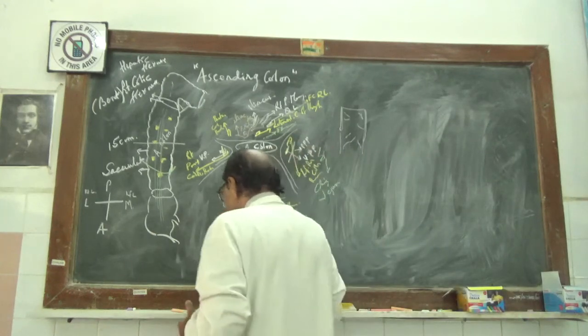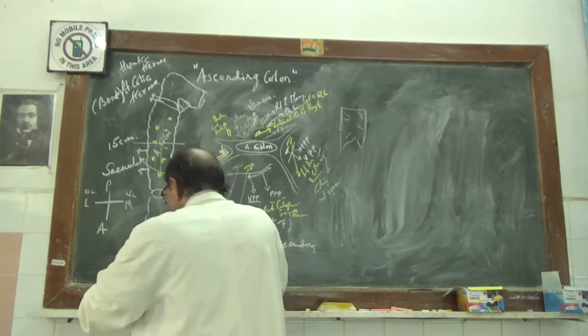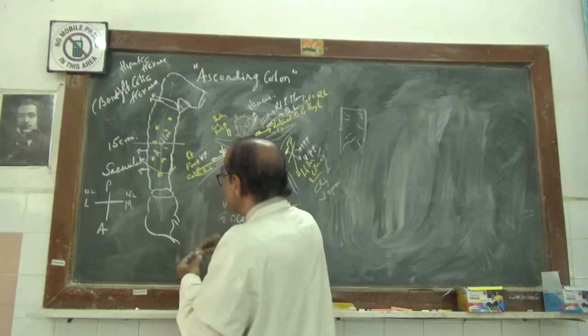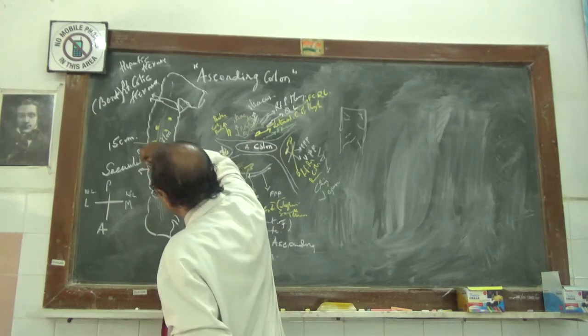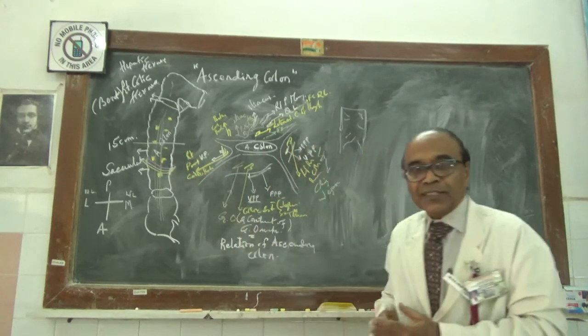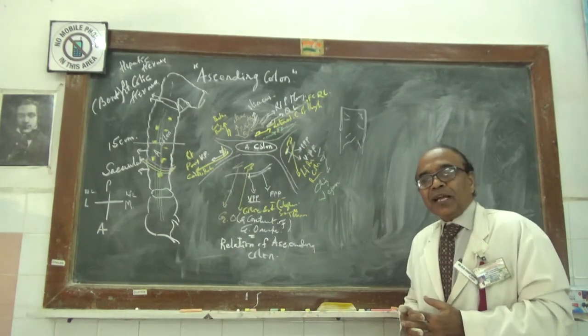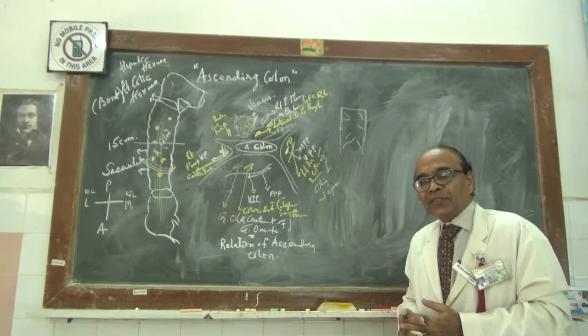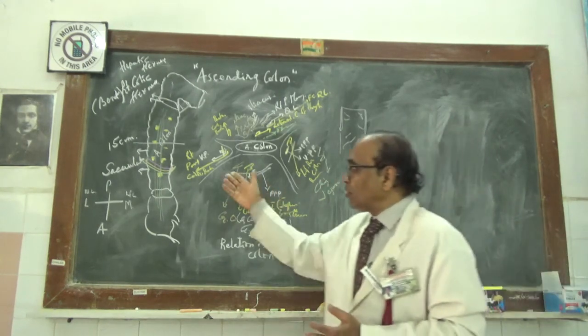Then the visceral peritoneum will also run in front. Then on either side, right and left, the parietal and visceral peritoneum will cover, that is, right laterally and medially or left.